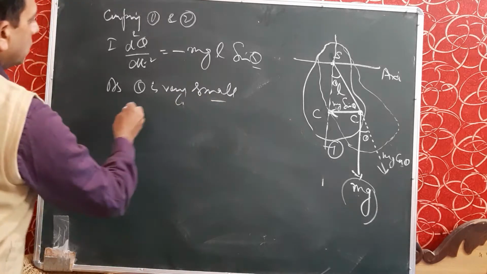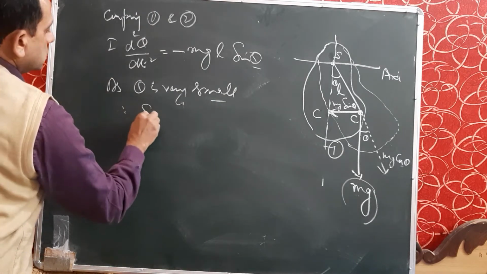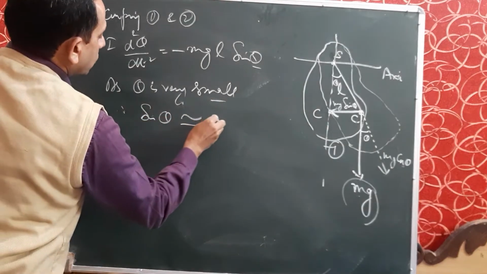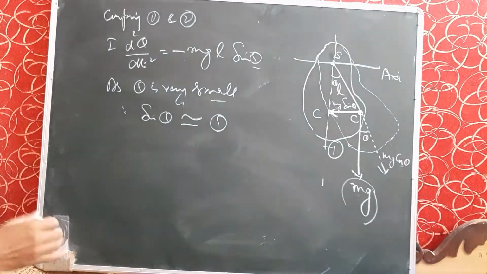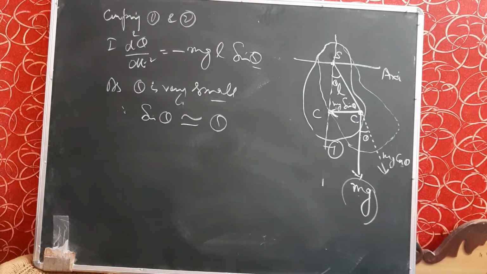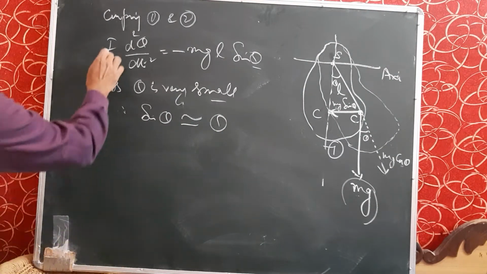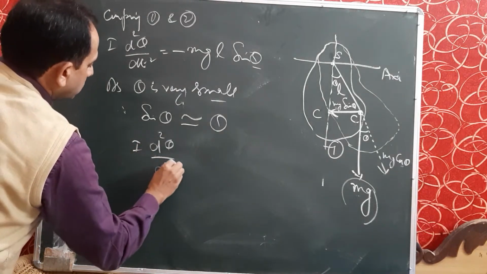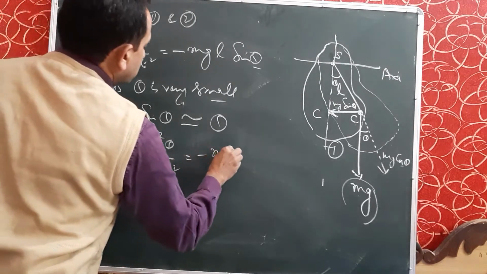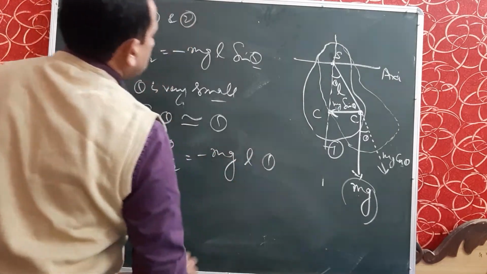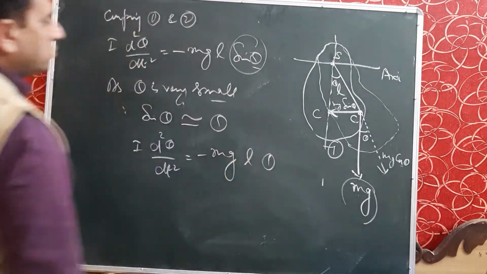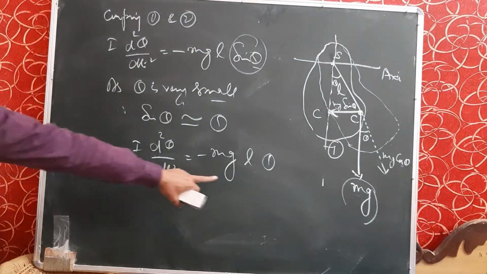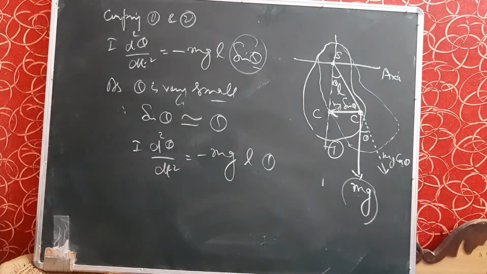Therefore sin theta is approximately equal to theta. So this equation becomes I d square theta upon dt square is equal to minus mgL theta. I have changed sin theta to theta because theta is required for the standard equation.